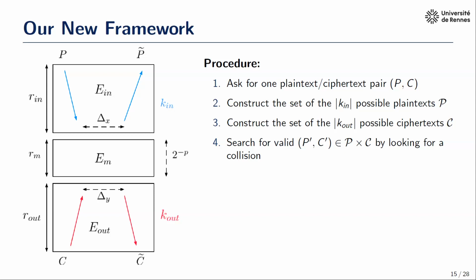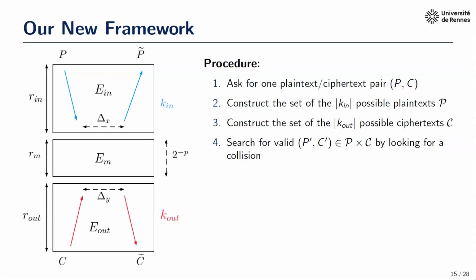We do the same for the ciphertext. We start from C, and we loop over all the possible values of K out. We apply the output difference of the distinguisher, and we partially encrypt this new state to obtain C prime. For this C prime, we ask for the corresponding plaintext, and we look if this plaintext belongs to the hash table we built in the first step.